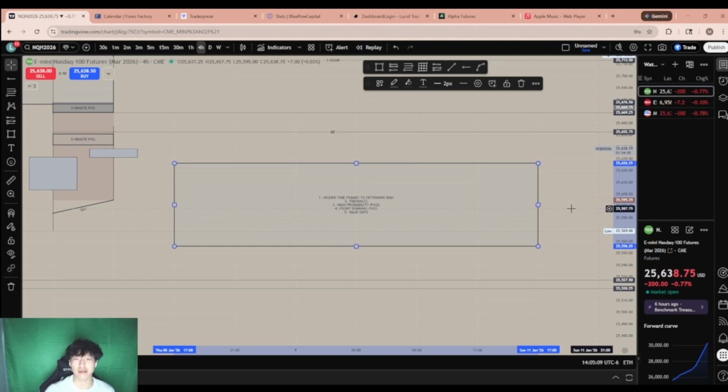I wouldn't recommend front running for value gaps really, but sometimes it would print, so I'll try to help you so you don't mess it up.